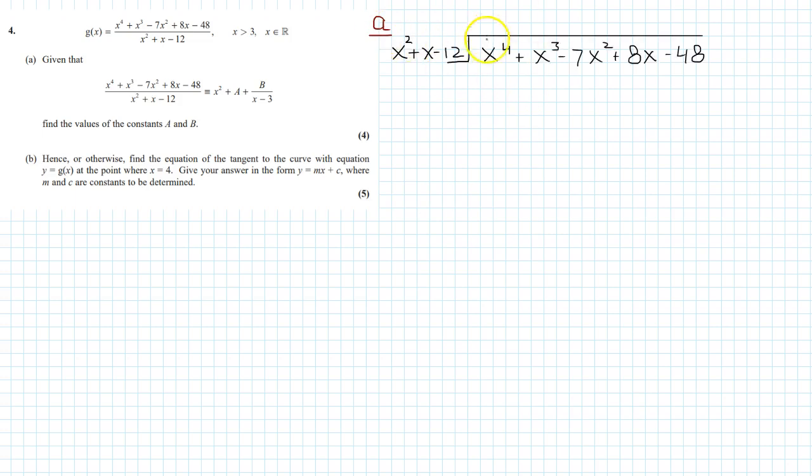So we do the direct division. This is x to the power 4, this is x square, so we multiply by x square, so it will be x to the power 4 plus x cube, and this will be minus 12x square.